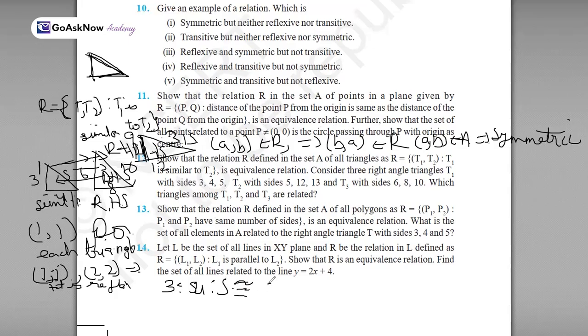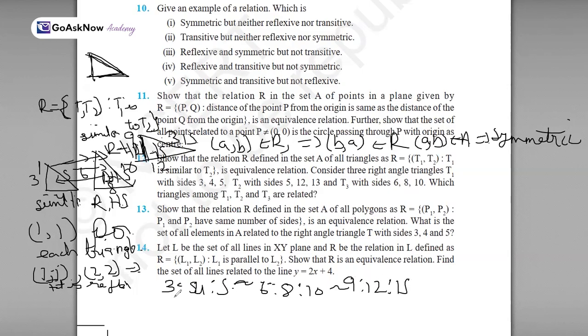3, 4, 5 is similar to 6, 8, 10, and this is similar to 9, 12, 15.